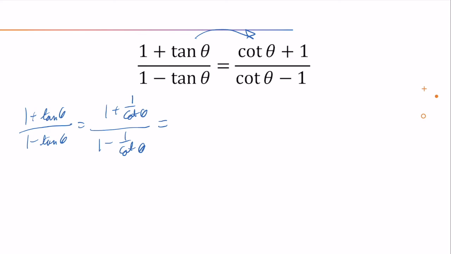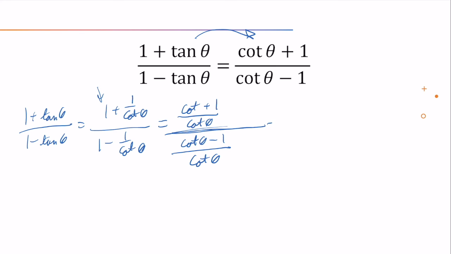I'm going to rewrite these ones as cotangent over cotangent so I can add my numerators, right? We don't want to have a complex fraction. That's a fraction where we have fractions in the numerator and fractions in the denominator. So I'm going to have cotangent plus 1 over cotangent theta as my new numerator, and cotangent theta minus 1 over cotangent theta is my new denominator.